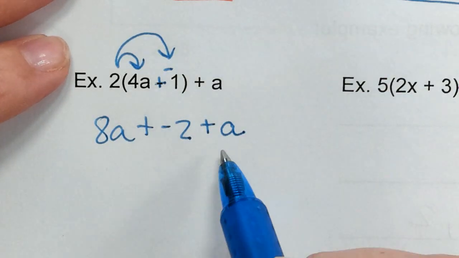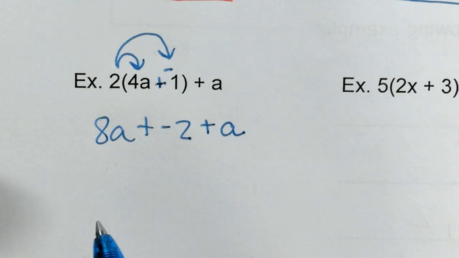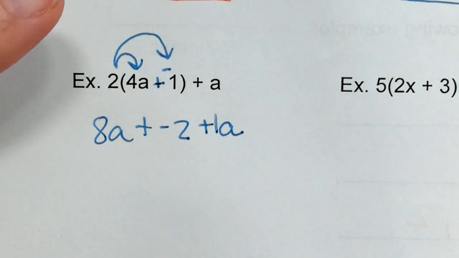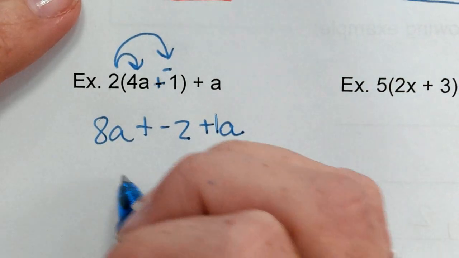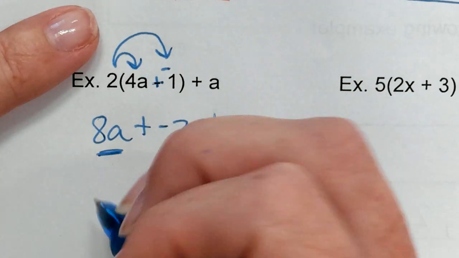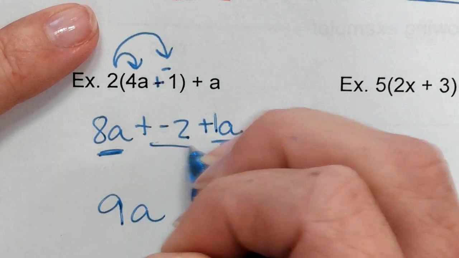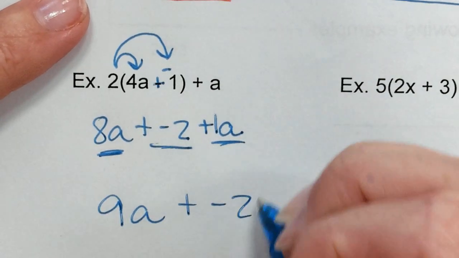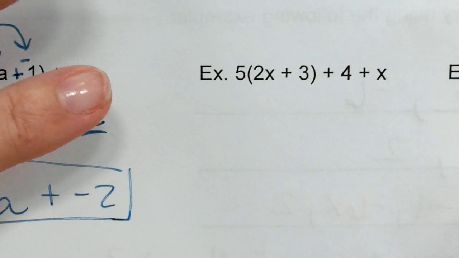What coefficient is in front of that a, but we don't see it because of invisible math? Now can I combine like terms? What can I combine? What is 8a plus 1a? 9a. And what do I do with this plus negative 2? Just write it down. Plus negative 2. All right, y'all try this one on your own.